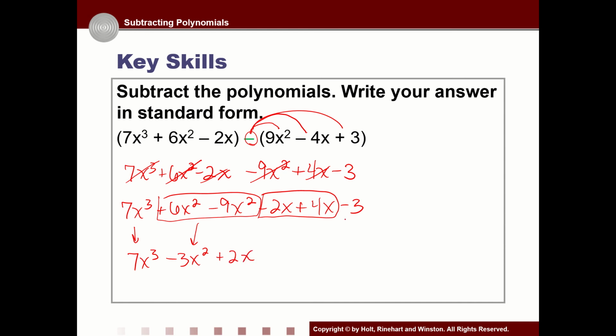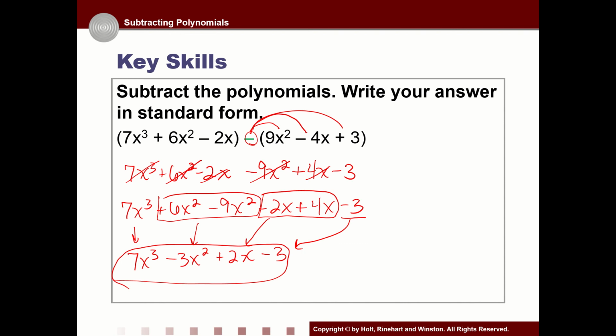And then I have minus 3 that has no like term. So I will bring that down. And then I want to check and make sure I'm in standard form. 7x to the third minus 3x squared plus 2x minus 3. So I have exponents of 3, 2, 1, and then 0. That is in standard form.